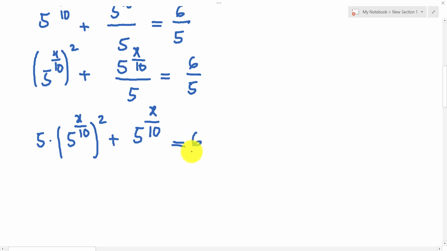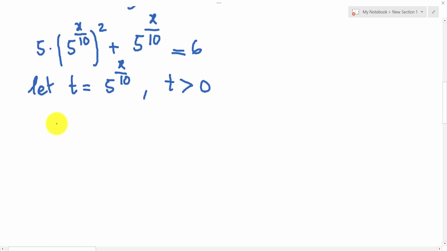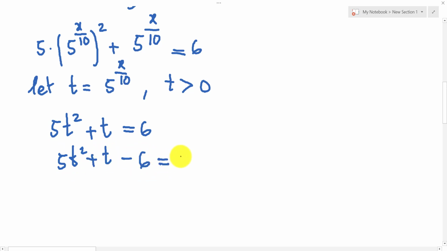So I can let t equal 5 power x over 10, where t is positive. So we get 5t squared plus t equals 6. And I change 6 from the right side to the left side. We get 5t squared plus t minus 6 equal 0.